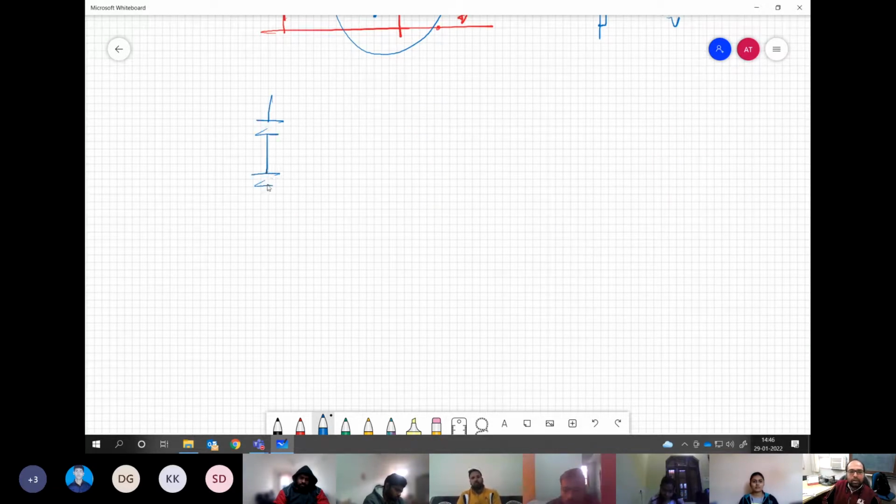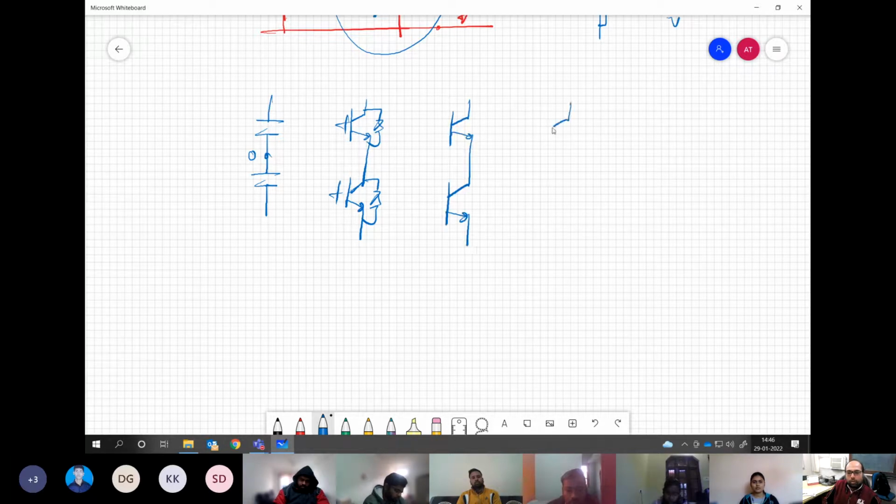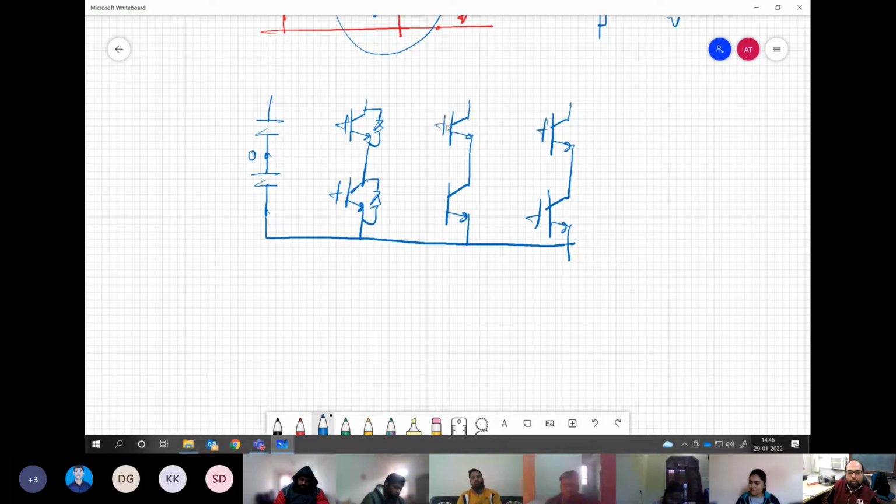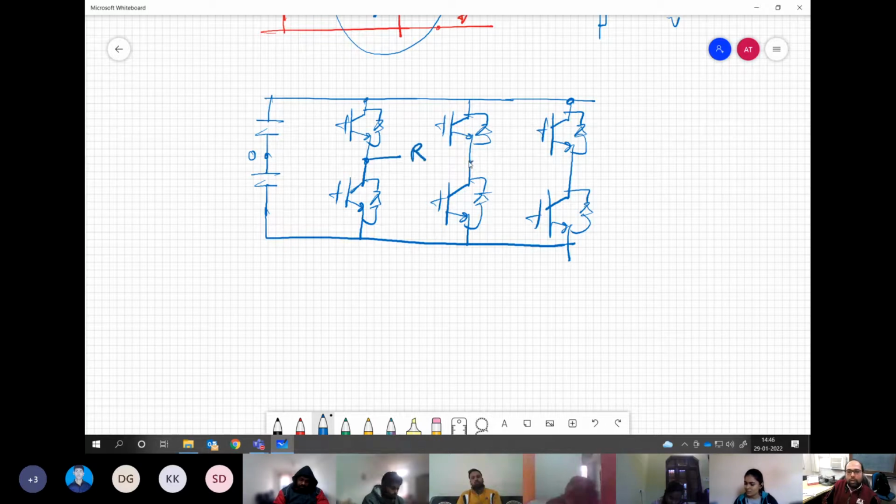So we may have capacitor, fictitious point O, and these are the terminals for our three-phase connection.